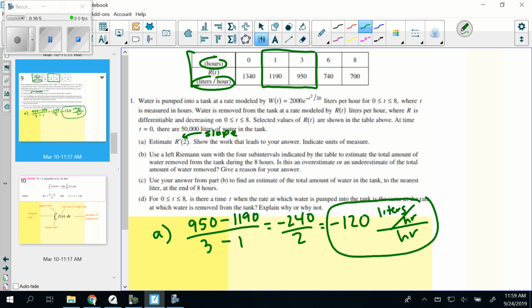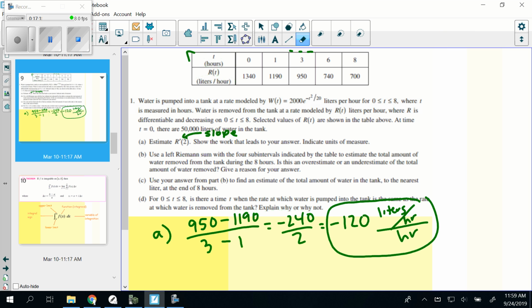Part B, use a left Riemann sum with 4 subintervals indicated by the table to estimate the total amount of water removed from the tank during the 8 hours. Is this an overestimate or underestimate? Give your reasons. Okay, so here we do want to use one of those Riemann sums now.